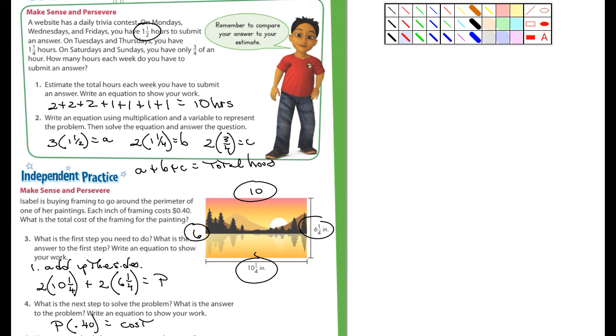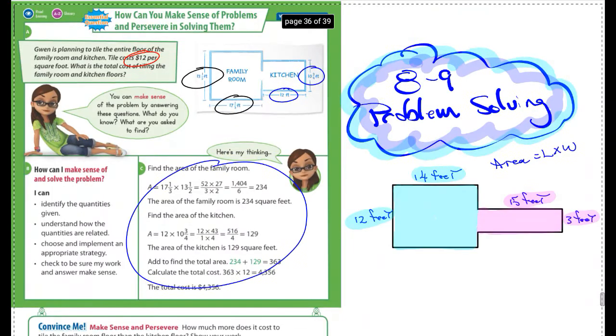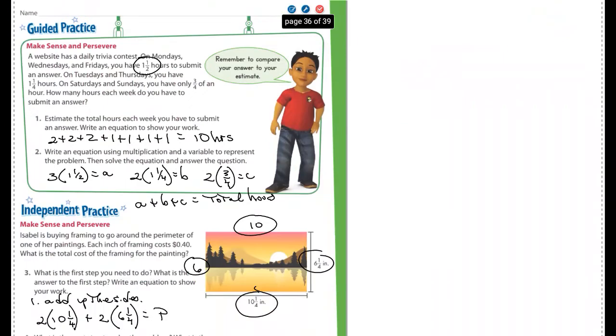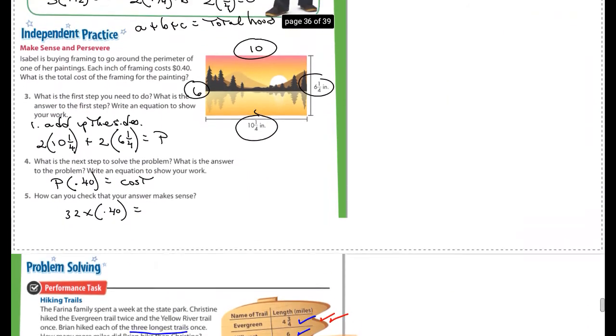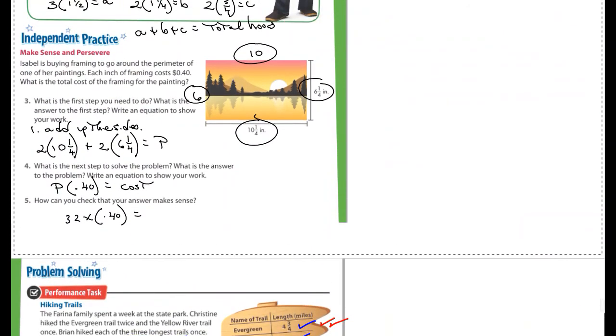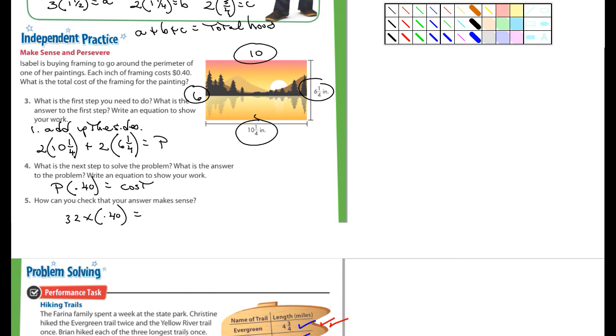Let's move down a little bit here. The independent practice. So they're talking about perimeter. The perimeter of an object is the sides. You would add up all the sides. That's the perimeter. For number 3, it says, what's the first step you need to do? Well, you need to add up the sides.